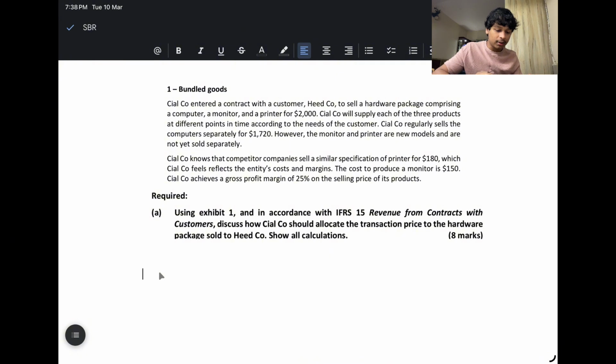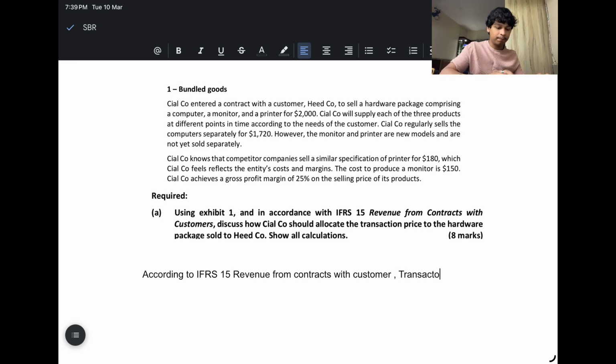So I'll write: according to IFRS 15, Revenue from Contract with Customer, transaction price should be allocated to different performance obligations based on the stand-alone selling price.